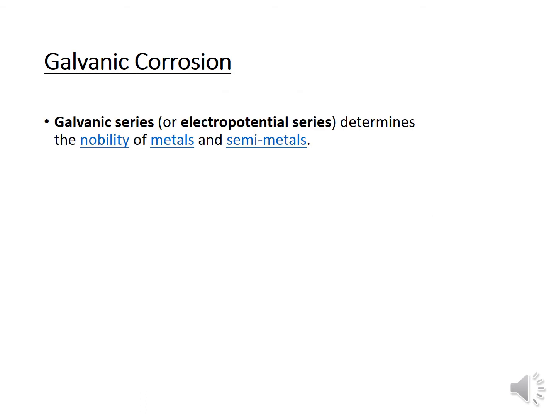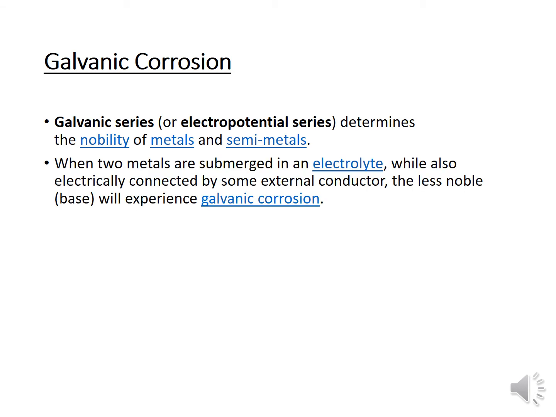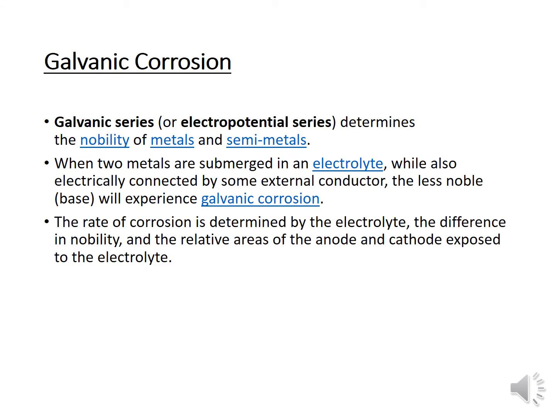Galvanic corrosion. In the electropotential series, the nobility of metals is determined. When two metals are in contact with an electrolyte or liquid medium, the less noble metal will undergo corrosion. That corrosion is called galvanic corrosion.